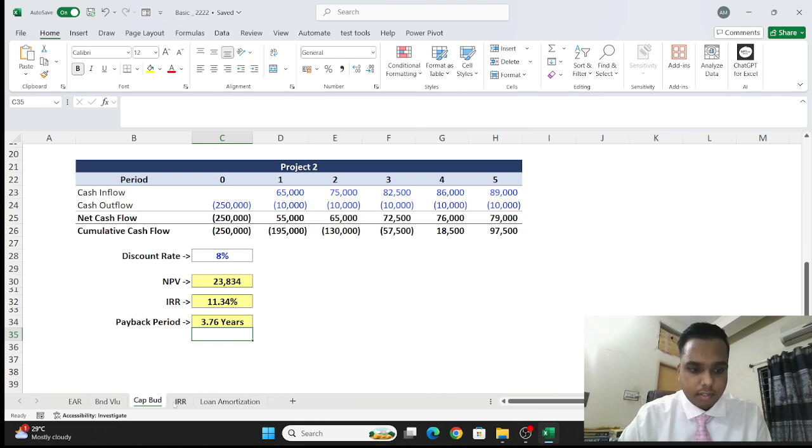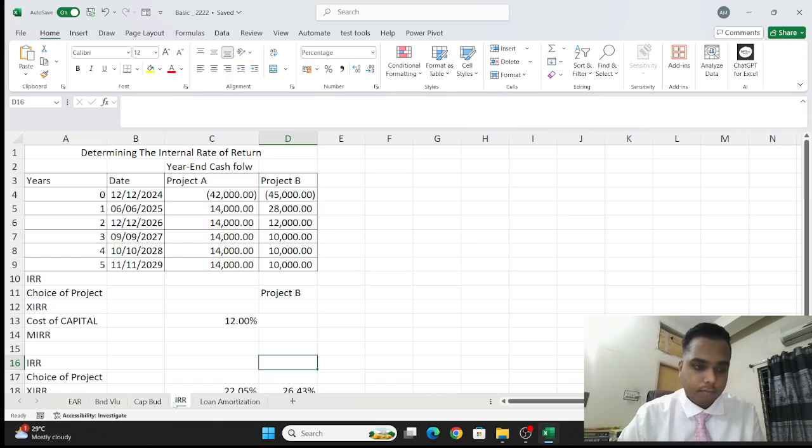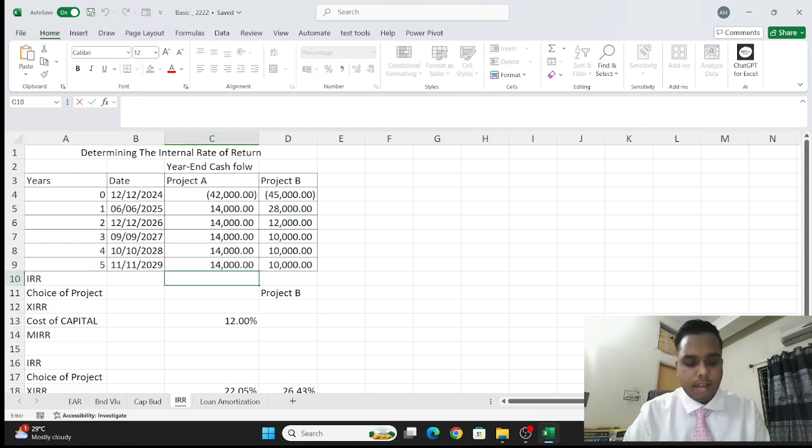So our next topic is IRR. We will have to calculate these two projects' IRR, XIRR, and MIRR. For calculation of IRR, we have seen previously, IRR values for project A will be from initial to rest, comma, guess equals 0.